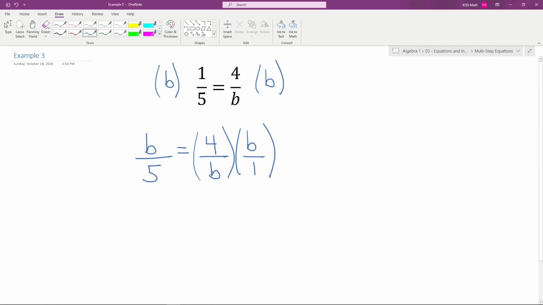And I see that now this b will cancel with this b. And that's what we wanted, right? We wanted to get this b out of the bottom and we brought it to the top. But what happens is the b goes on the other side of the equation, which is fine. So we have b over 5 equals 4 over 1, which is just 4.